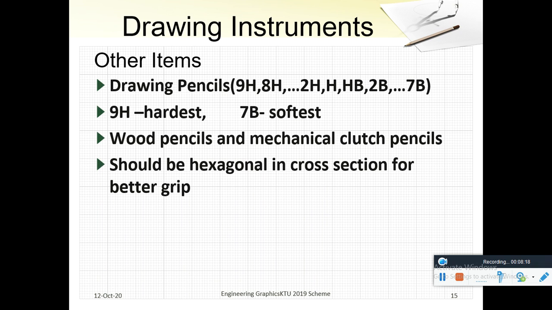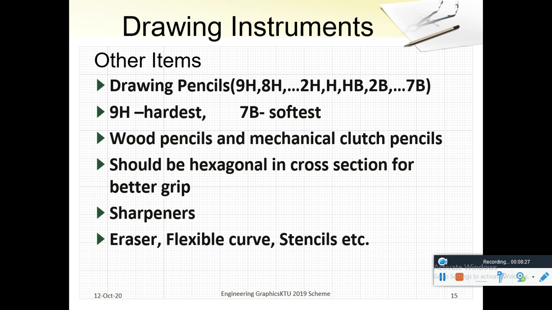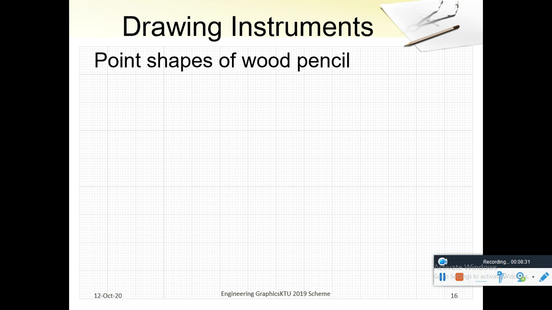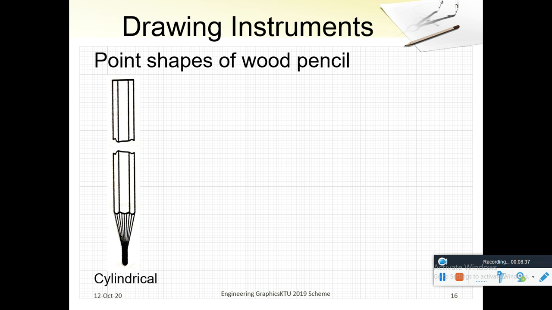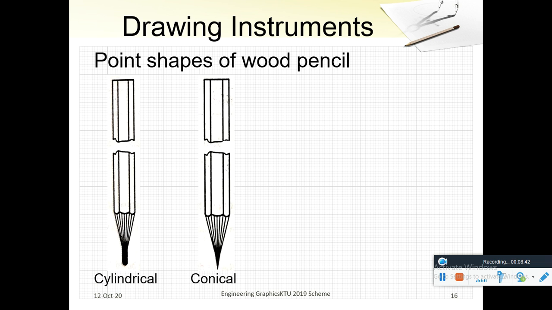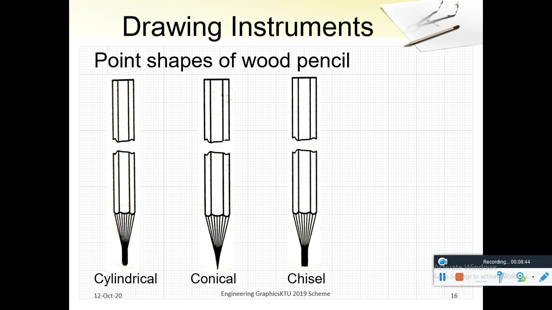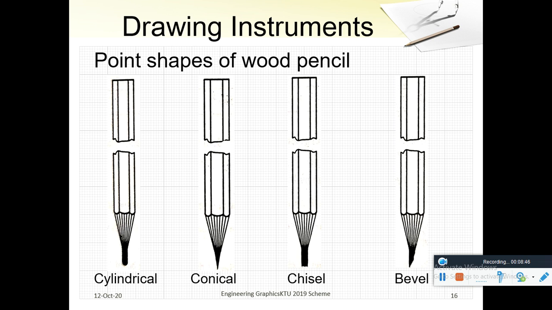Usually its shape is hexagonal in cross section. It is for better grip. Other items are sharpeners, eraser, flexible curve, stencil, etc. The point shapes of a wood pencil, sometimes it may be cylindrical, may be conical, or chisel end, or bevel shaped, according to our use.